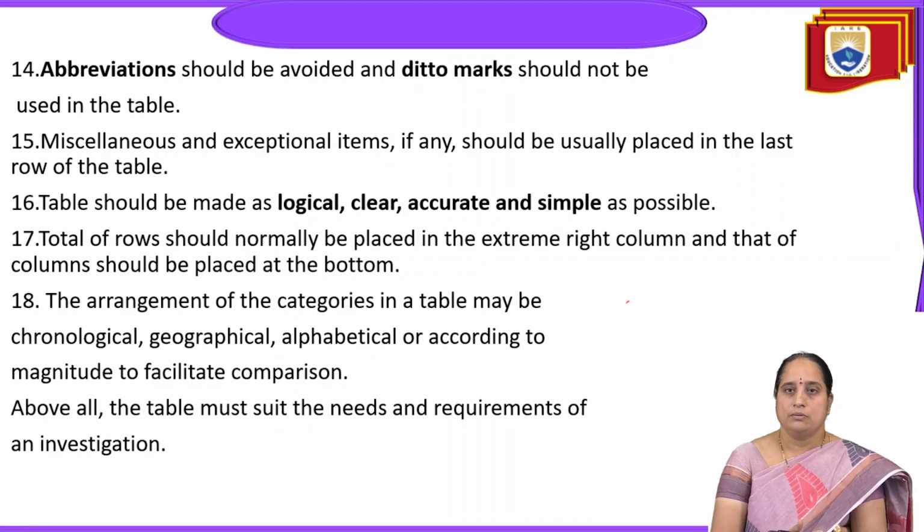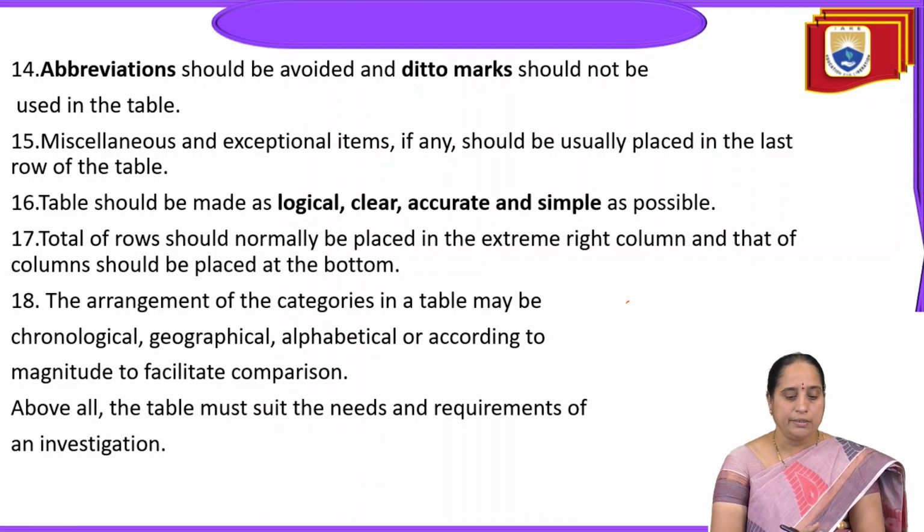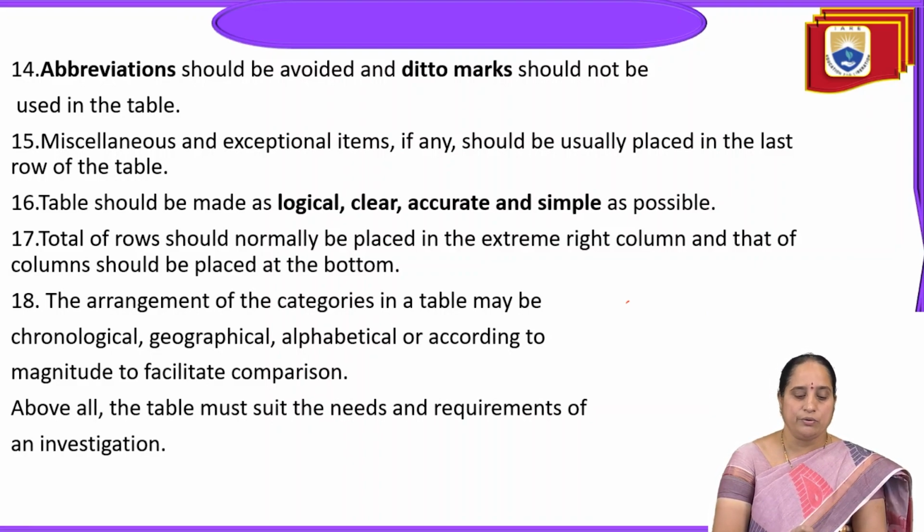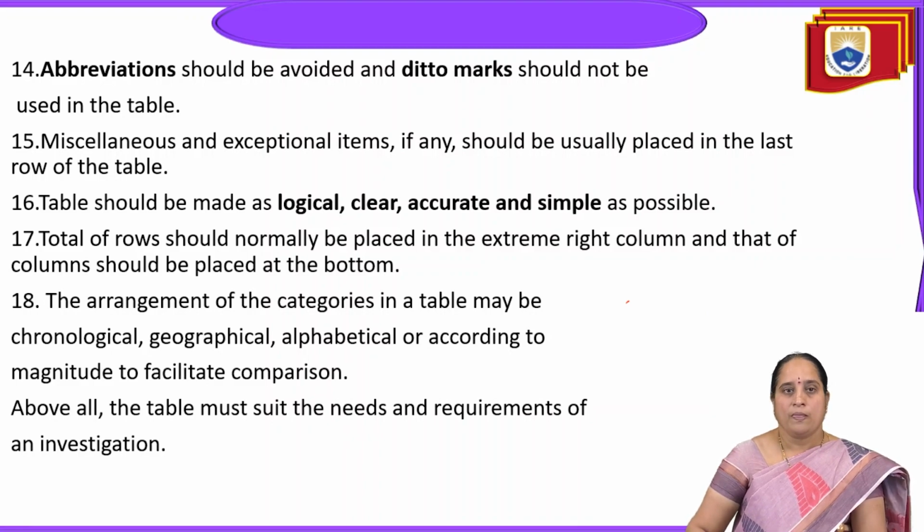It depends on the individual researcher how they are going to arrange the data in the tables. So above all, the table must suit the needs and requirements of an investigation. So finally we should check whether it fulfills the requirement of the investigator or not.